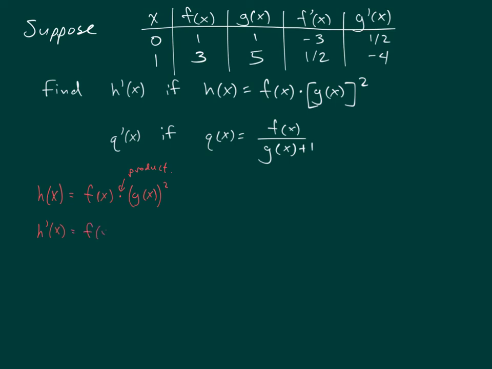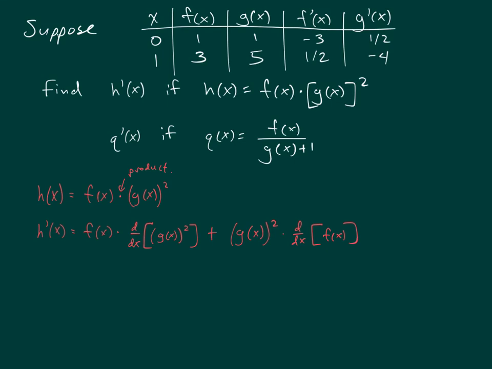We would have f of x times the derivative of g of x squared, plus g of x squared times the derivative of f of x.